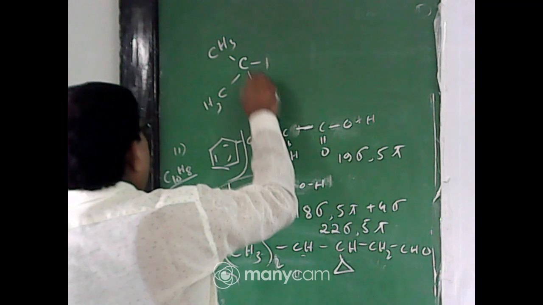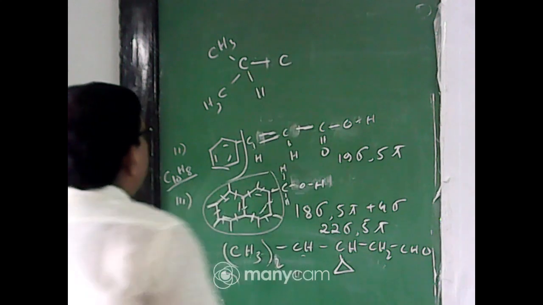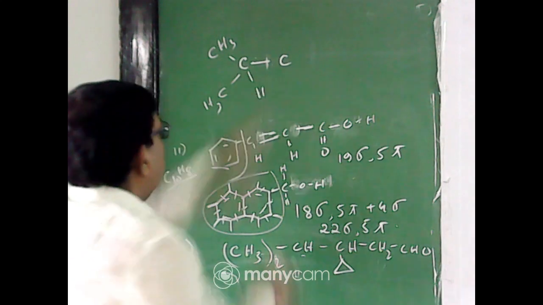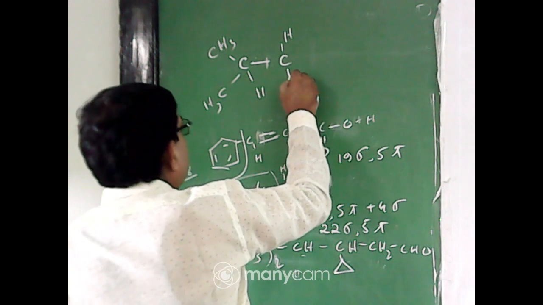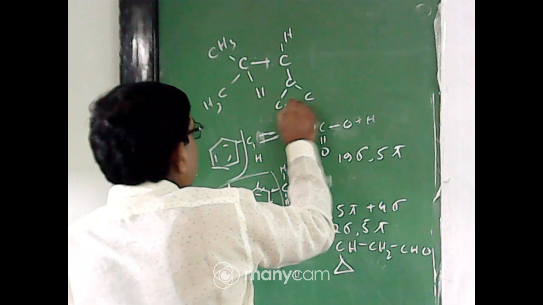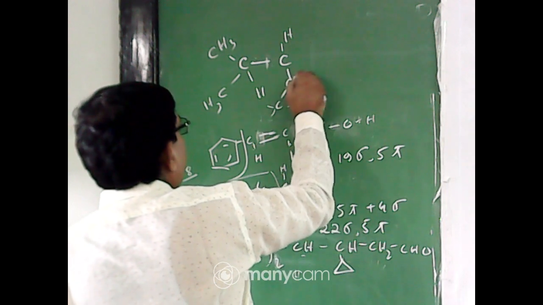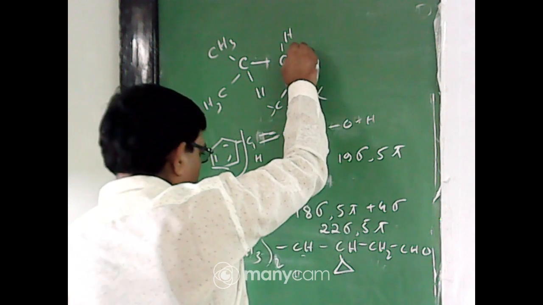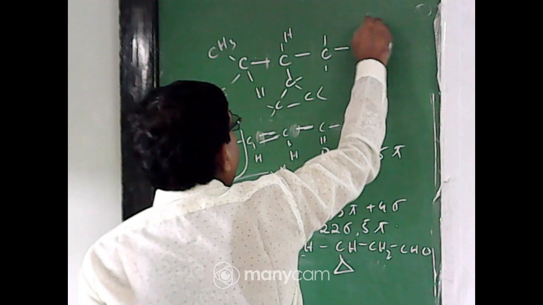Achha. This C is a CH3 whole 2 CH. Here 2 hydrogen, here 2 hydrogen, here 1 hydrogen. Now C, H2, C, H, double bond O.